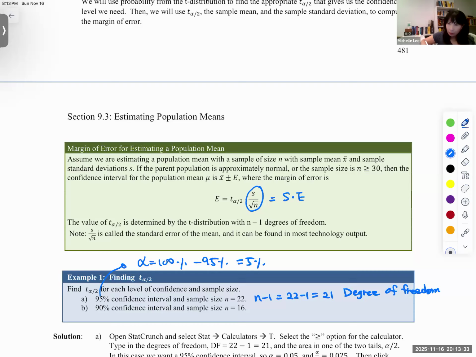So alpha over 2 is 5% over 2, which is 2.5%, right? So that will be 0.025.